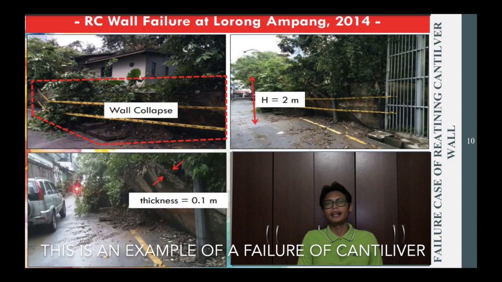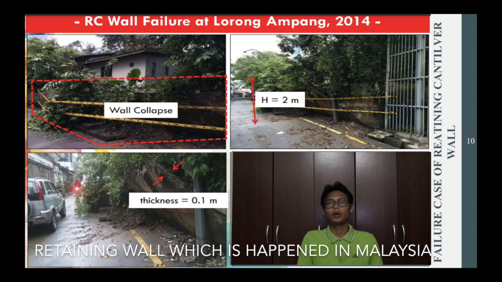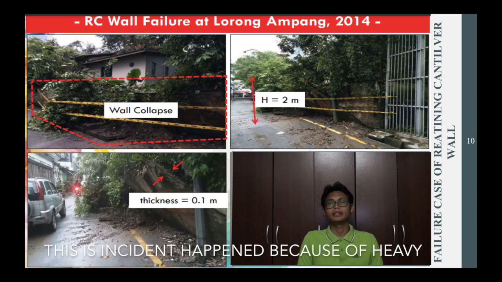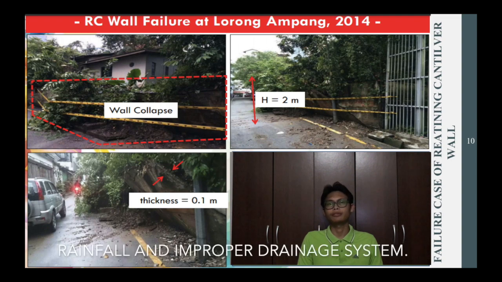This is an example of a failure of a cantilever retaining wall, which happened in Malaysia in 2014. This incident happened because of heavy rainfall and an improper drainage system.